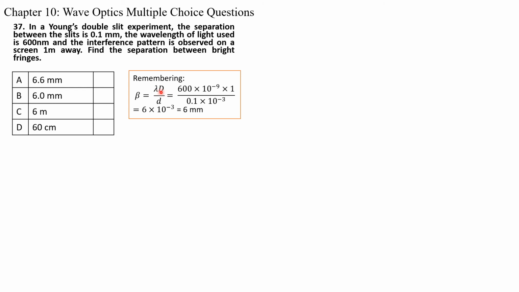So lambda is 600 nanometers, so 600 into 10 to the power of minus 9. Nano means 10 to the power of minus 9, into 1 meter. We have kept 1 meter as it is, divided by 0.1 mm, so 0.1 into 10 to the power of minus 3. So all the units we have converted into meters, and again we simplify it, we get 6 into 10 to the power of minus 3.